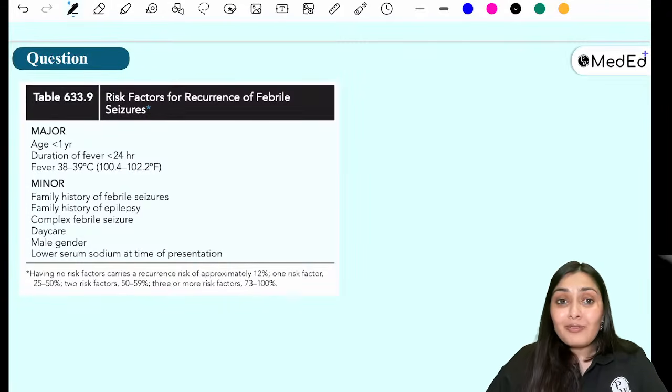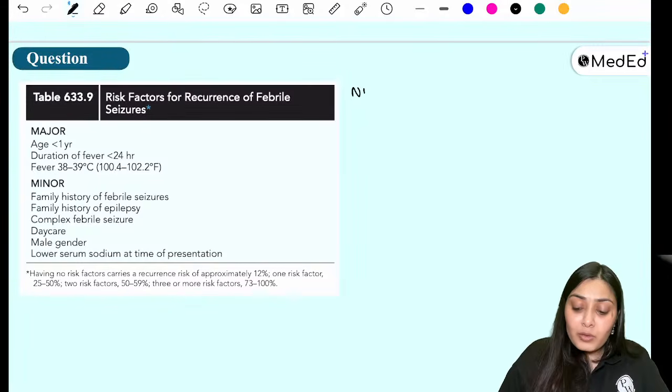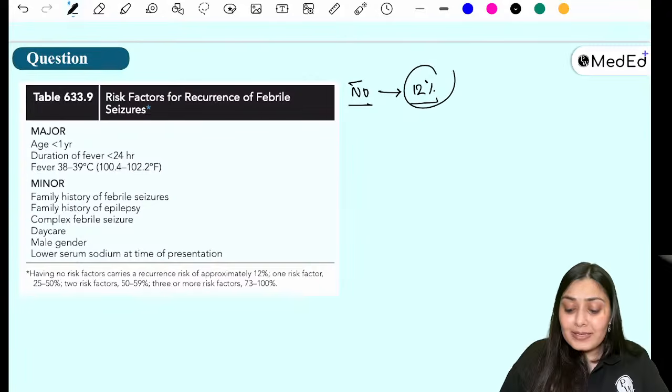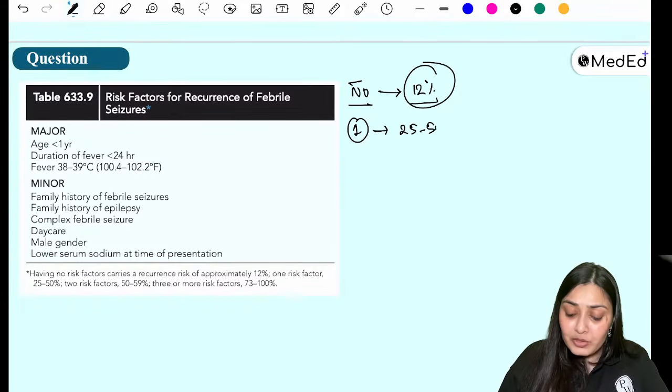If you look at the risk factors for the recurrence of febrile seizures, we have certain major risk factors and minor risk factors. If no risk factor is there, then we say that there is 12% chance that seizure will happen again. If one risk factor is there, we say 25 to 50% chances.